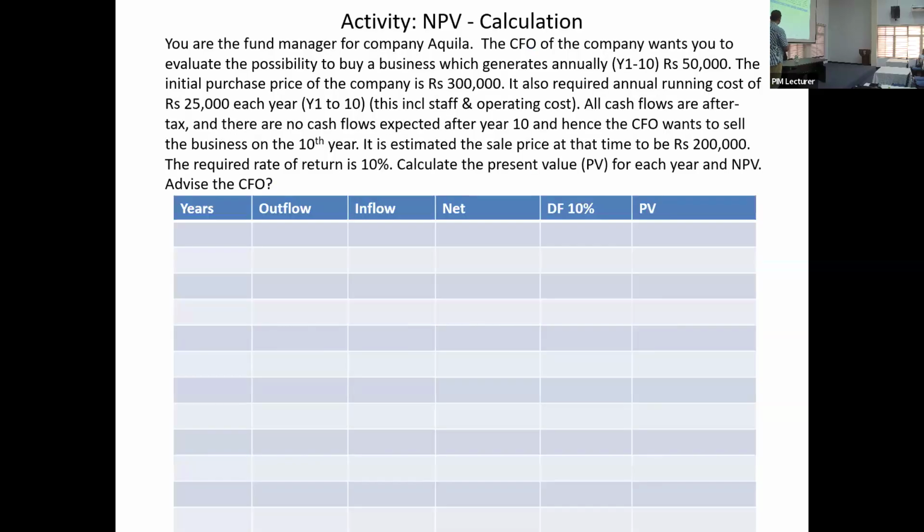Okay, right. Can you do this question? Very simple question. It's in your notes as well. You don't need to write anything down.